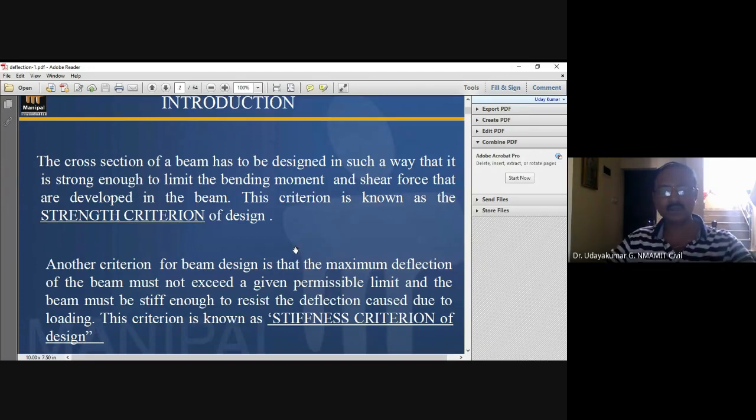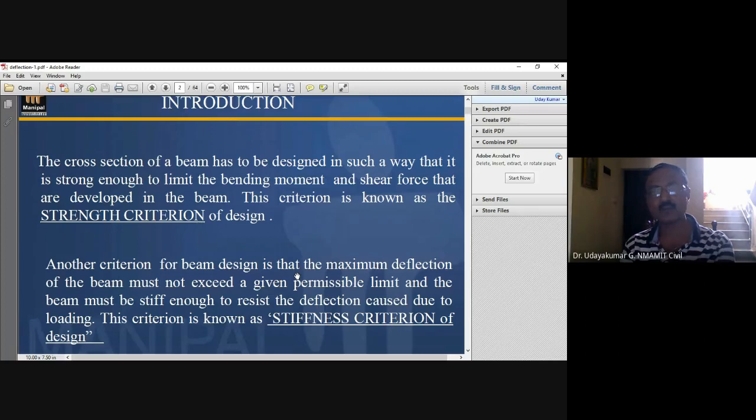In the analysis of structures, you might have studied the stiffness factor, or load per unit deflection. In all these cases, deflection is very important. While designing, you should see what deflection is permissible when the beam is subjected to load or bending moment.